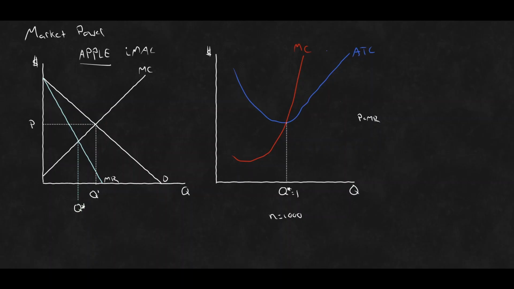And as they set their quantity at that Q star, what price are they going to charge? Well, they're going to charge the highest price that suckers are willing to pay. That is, they're going to look at their feasibility set and say, what is the price I can charge for that Q star? And we get the corresponding P. I'll call that P1 because that's our new price now that we're no longer in a competitive equilibrium.